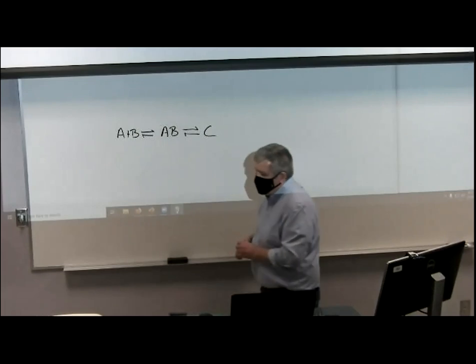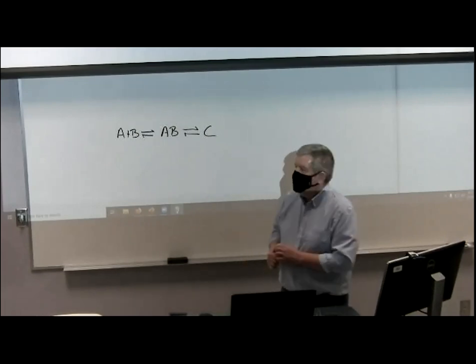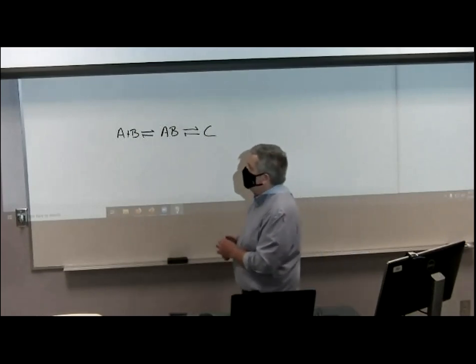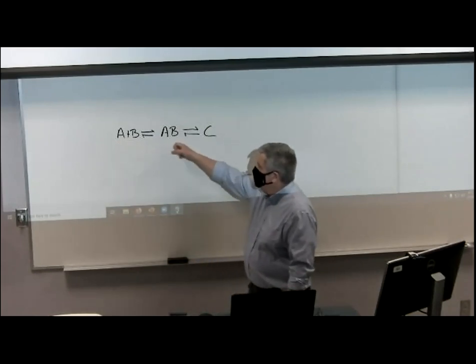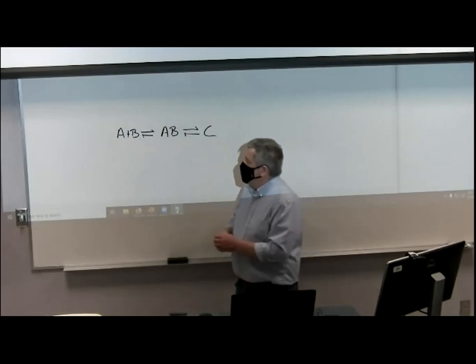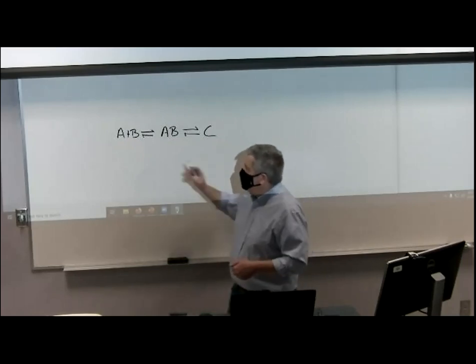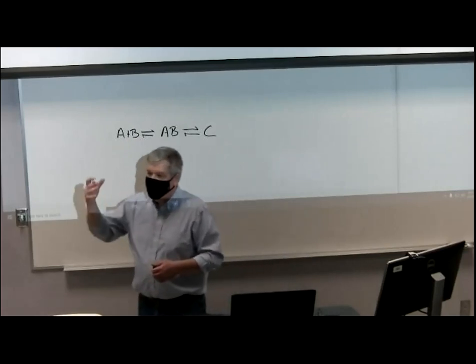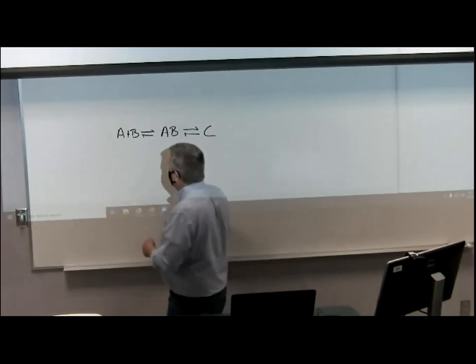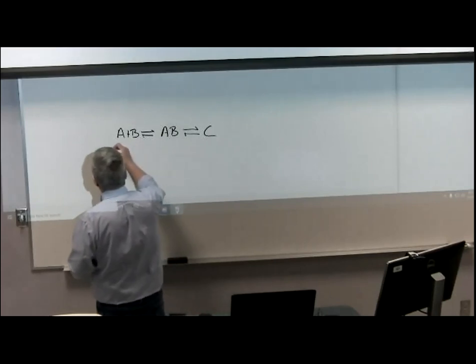Okay, so just a little terminology. Hopefully this is review for all of you. If we look at a very generic chemical reaction, A plus B going to AB going to C, A plus B are known as the reactants. So the reactants are the chemicals that are entering the metabolic pathway.